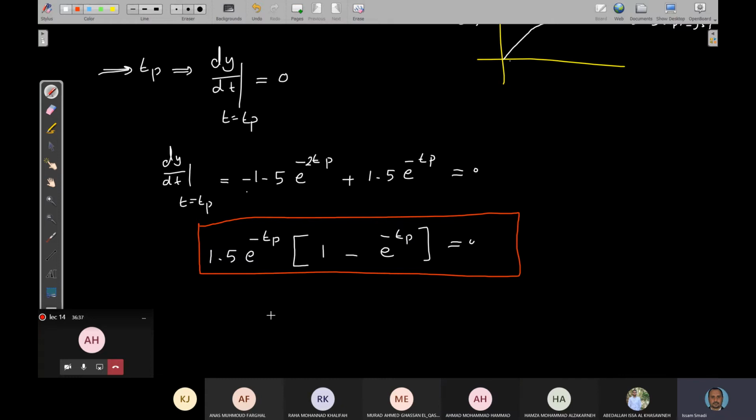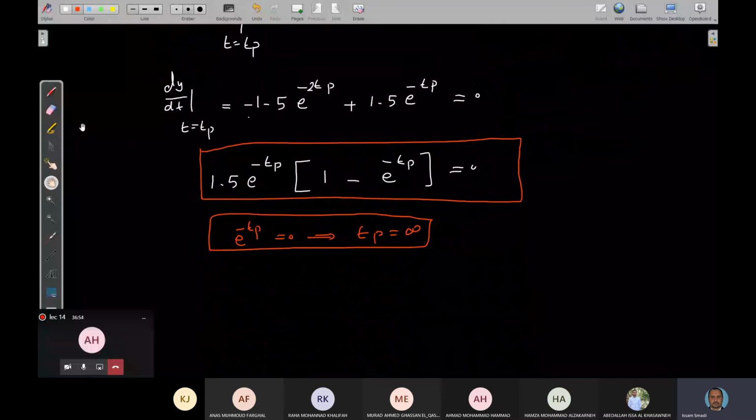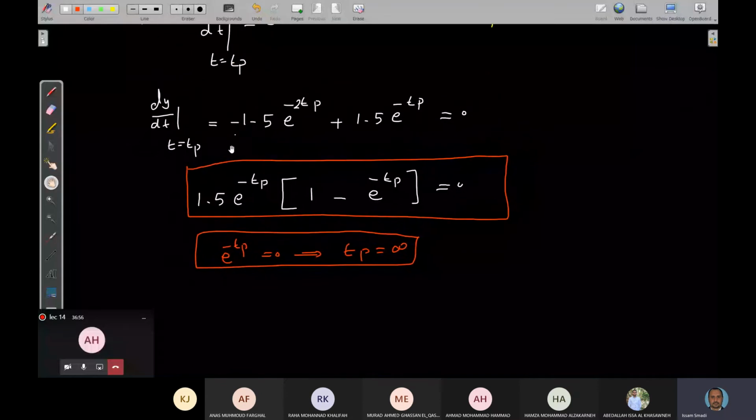Thank you. So from here, either exponential minus TB is equal to 0, and this implies that TB is equal to infinity. And this first one we concluded from where? From the closed loop solution, correct? TB equal to infinity.